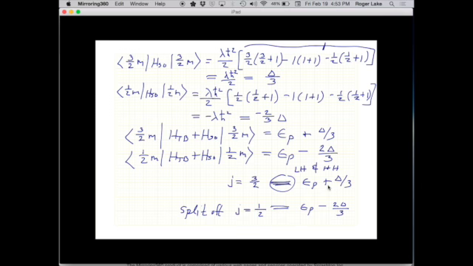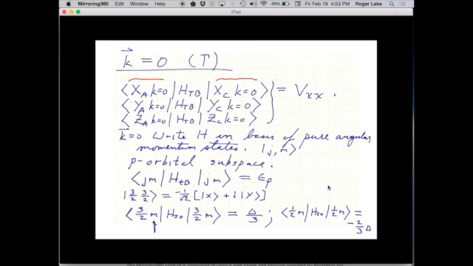I guess the other thing I need to point out is, not only do you get Vxx, but this off-diagonal coupling is actually diagonal in the total angular momentum state. So a 3/2 state is only going to couple to a 3/2 state.